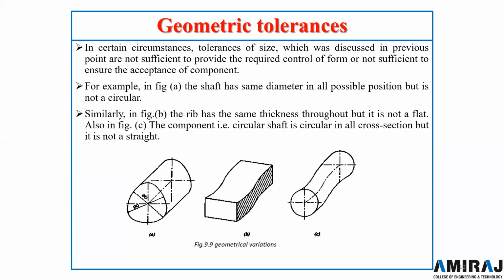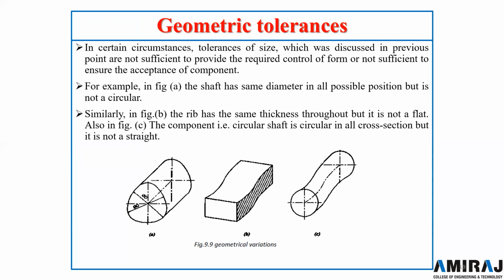For example, in figure A, the shaft has the same diameter in all positions, but it is not circular. Similarly, in figure B, the rib has the same thickness throughout, but it is not flat.